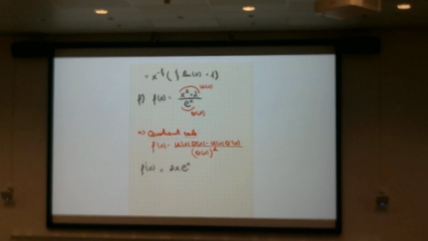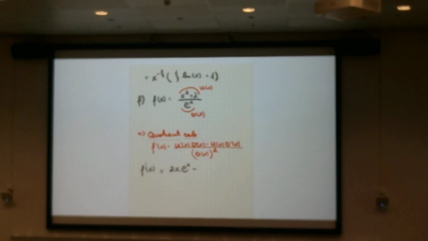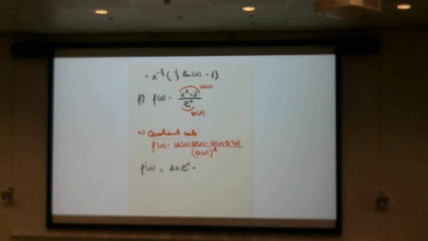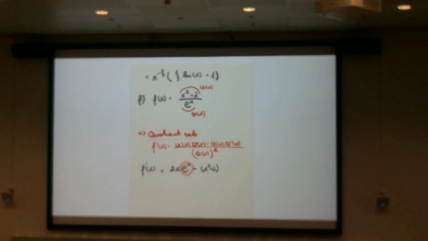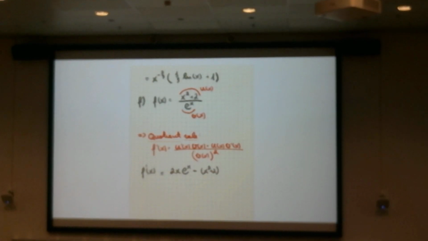So that's e to the power of x. We have minus, and now u of x as it is, x squared plus 2. And now, again, very nice. So it's really nice to take derivatives when you don't need to do anything. Because e to the x derivative is always the same. So that's just e to the x.